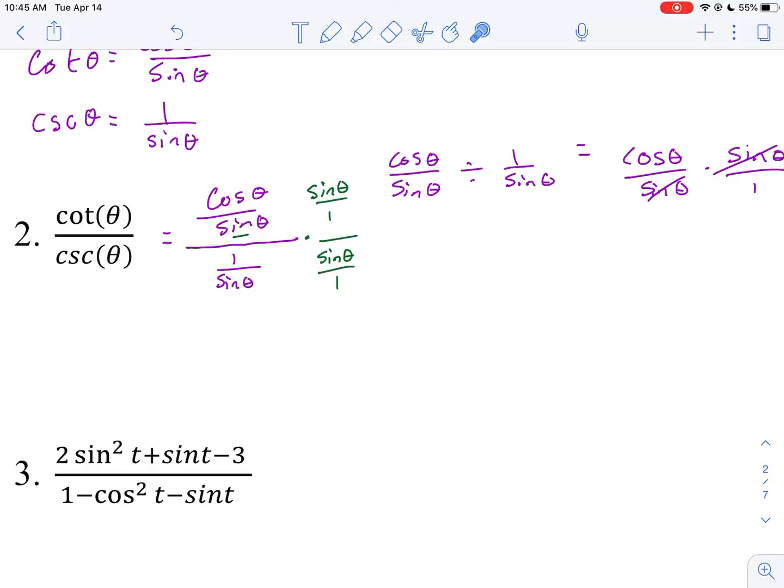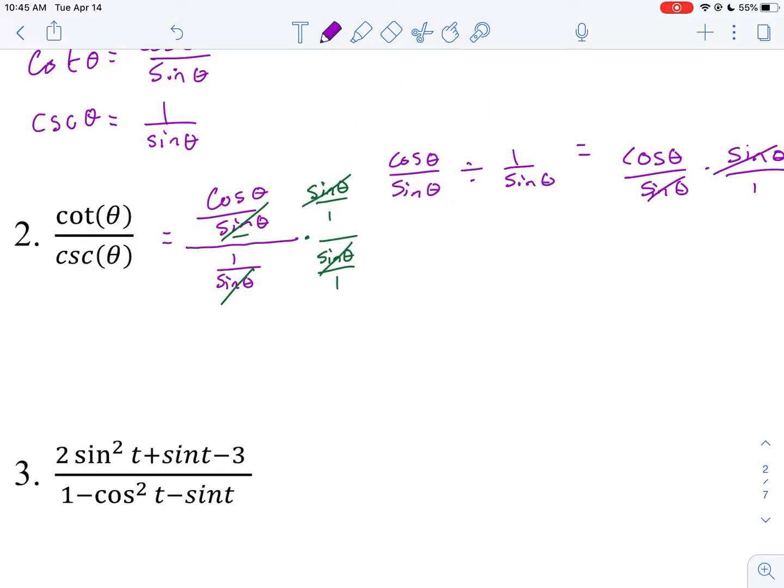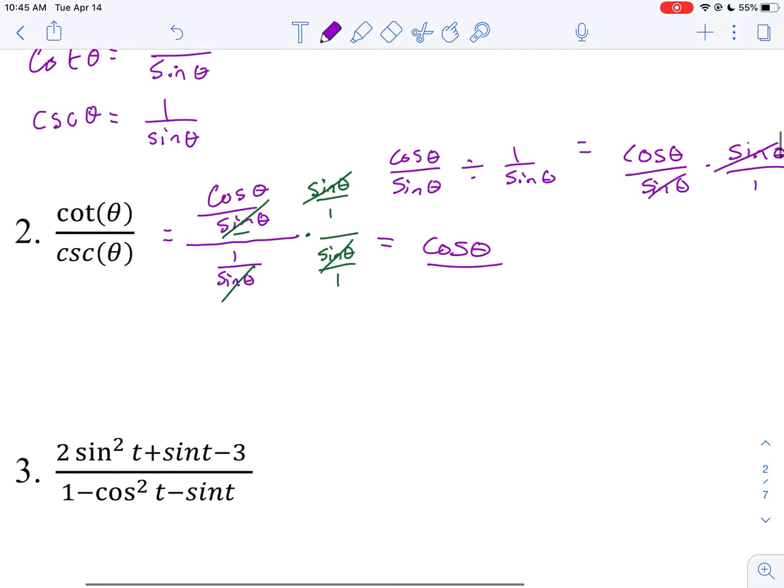So if I multiply the numerator by sine theta over 1 and the denominator by sine theta over 1, as long as I multiply the top and the bottom by the same thing, I can do this. And now you see that these cancel. And I have cosine theta divided by 1, which just gives me cosine theta.